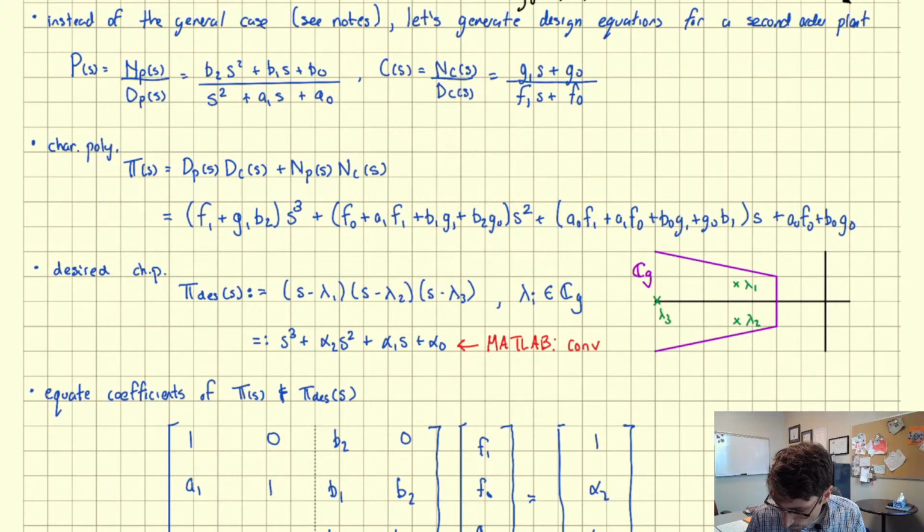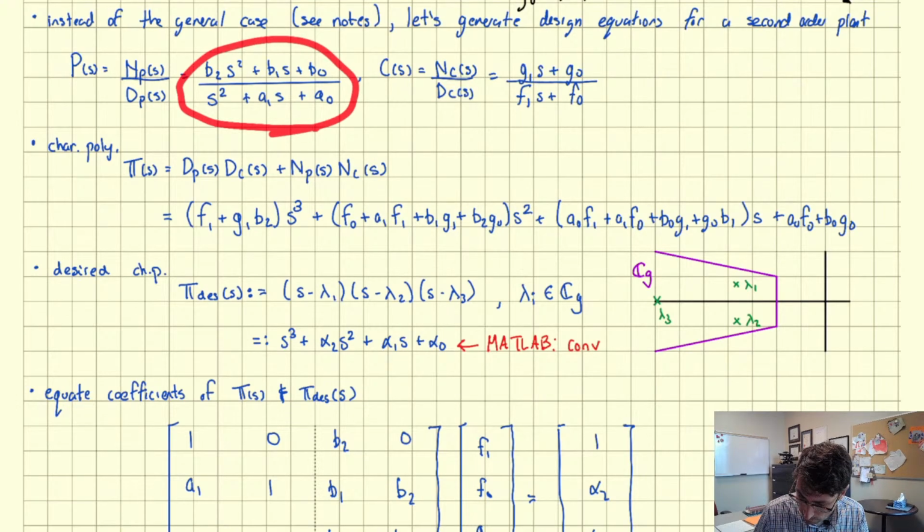We know that for a second order plant, we need at least a first order controller to be able to solve this problem. That's that theorem that I wrote earlier. Okay? So what I'm trying to do is come up with design equations to actually generate the controller which will place the closed loop poles at the desired locations. Okay? So we started with a second order plant, first order controller.